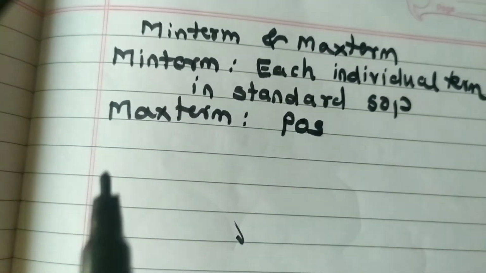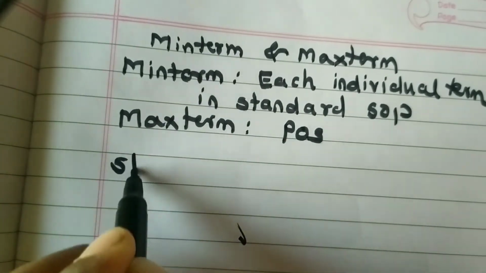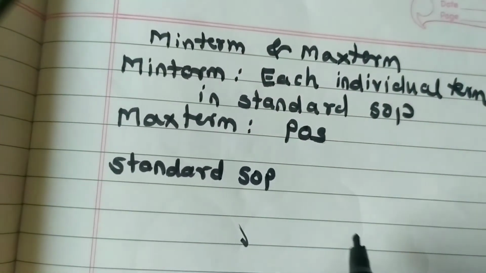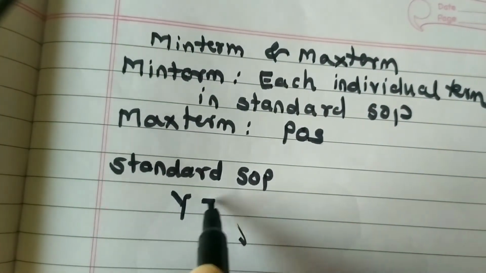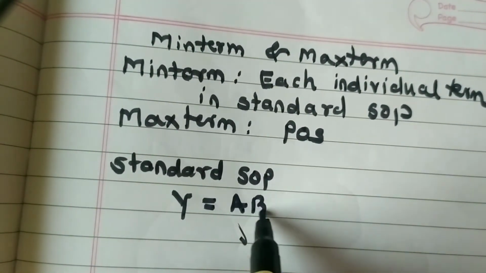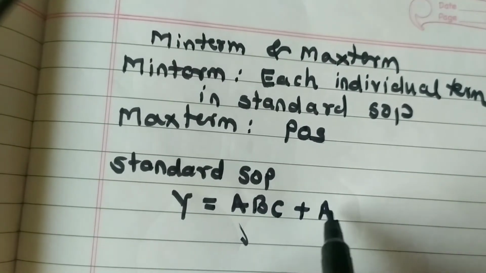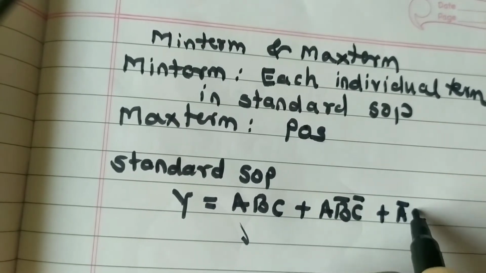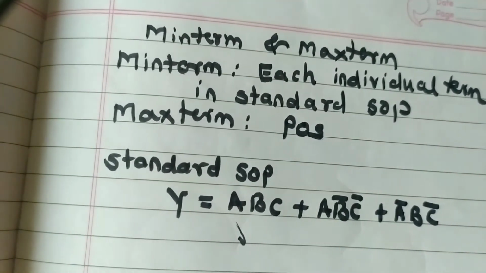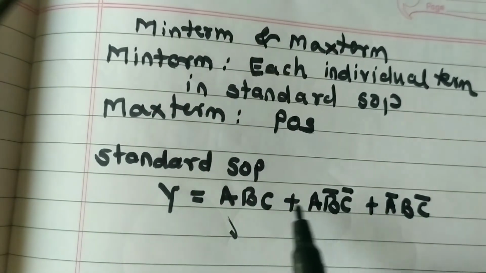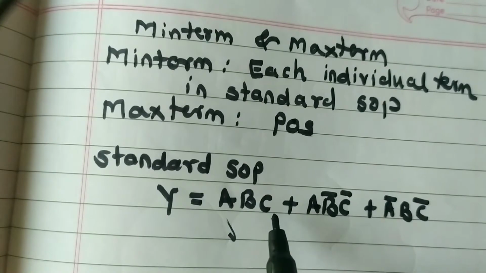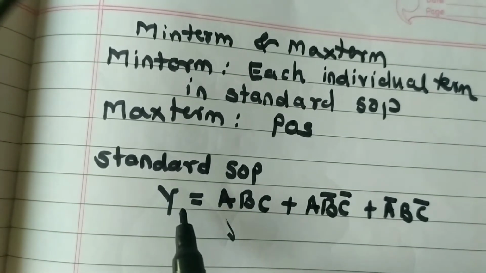Consider the standard SOP equation. First, the standard SOP equation: y equal to a b c plus a b bar c bar plus a bar b c bar. Here in this algebraic Boolean equation, a, b and c are the literals, meaning the inputs, and y is the output.